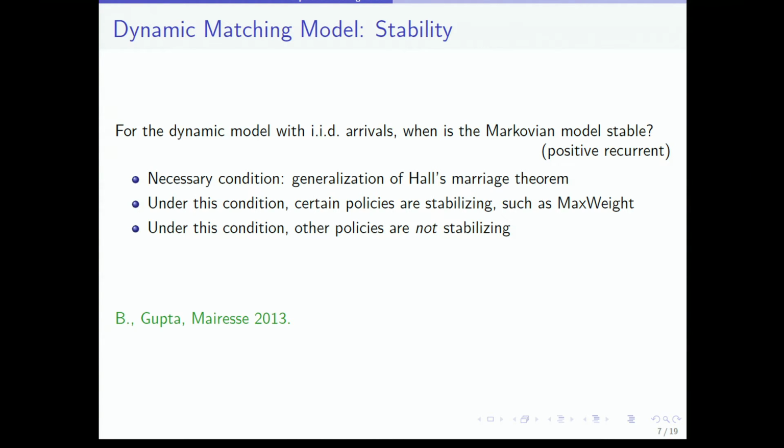And so we managed to show that there are policies that only look into the current amount of items of each type that also have a maximal stability region, and one of these policies is max weight.